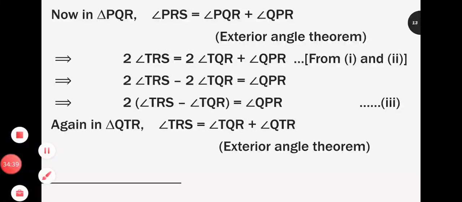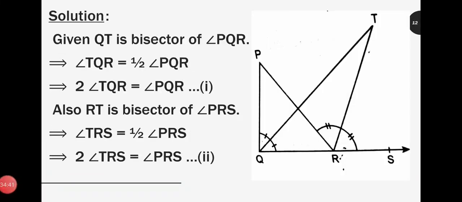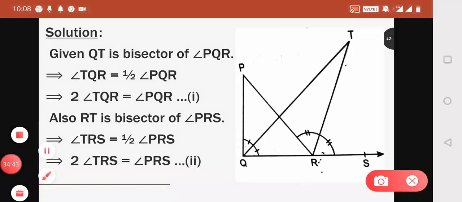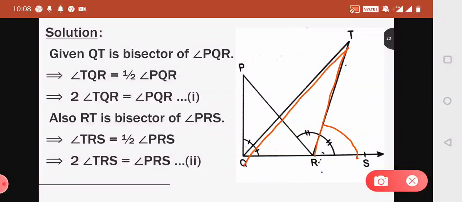So we will get angle TRS as exterior angle. When we select angle QTR, we are selecting this triangle QTR. Now when we select this as our triangle, we get angle TRS as exterior angle.